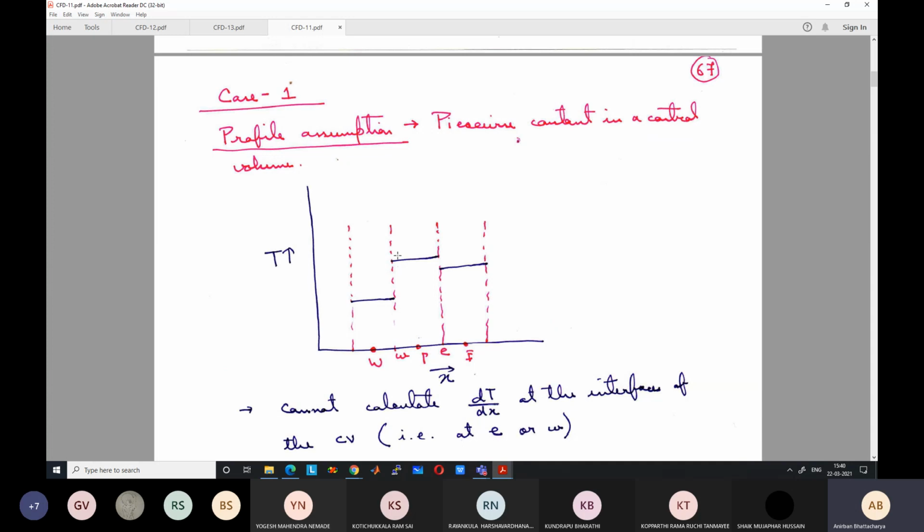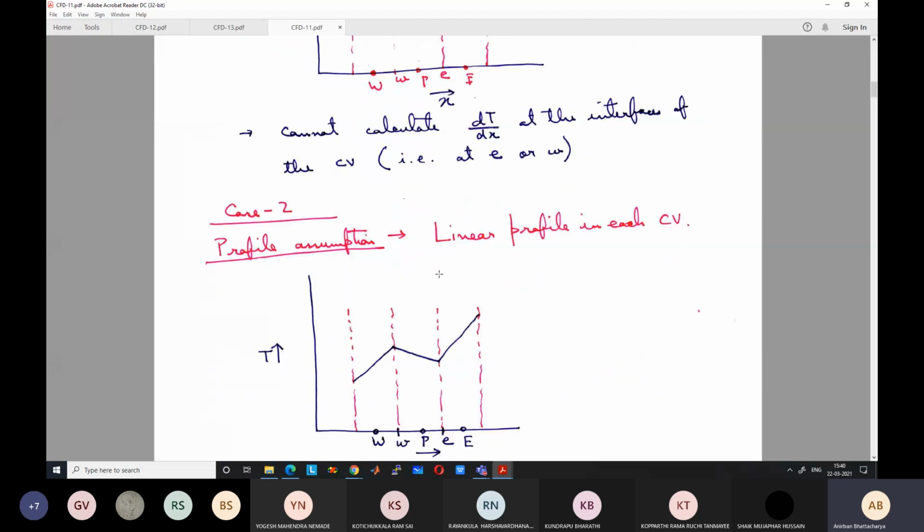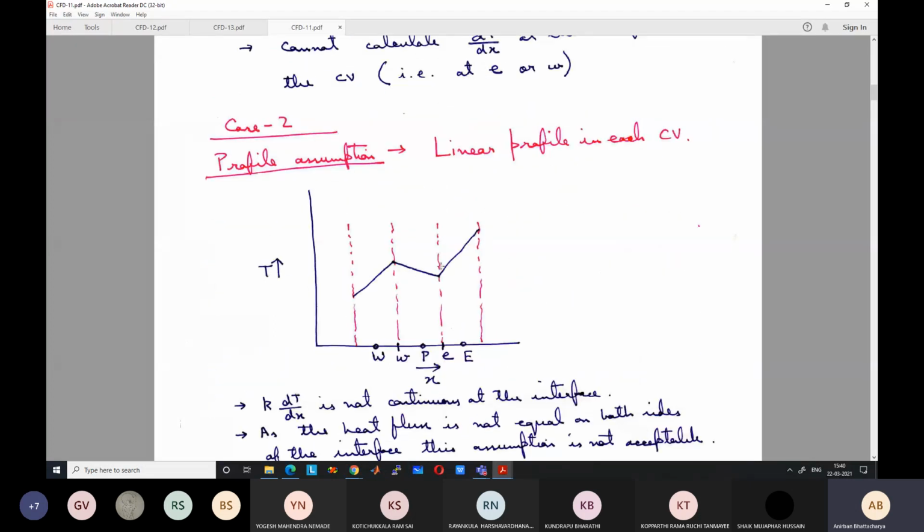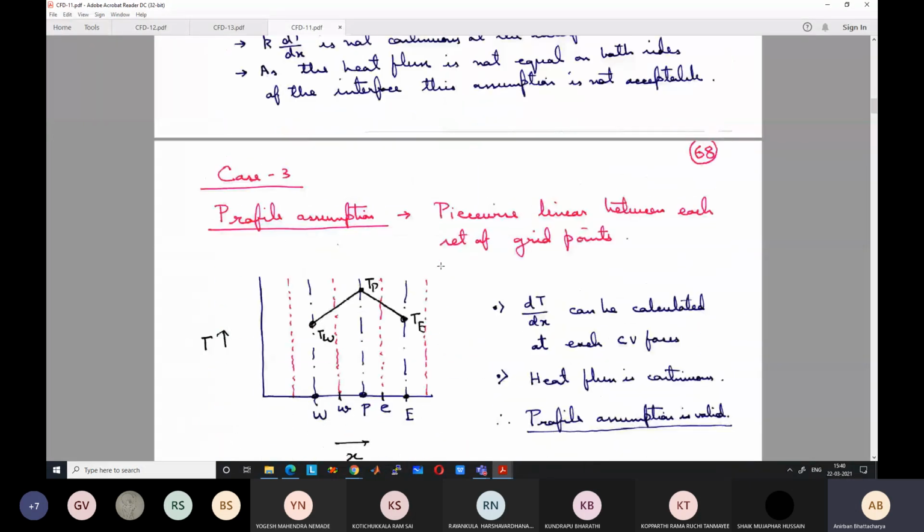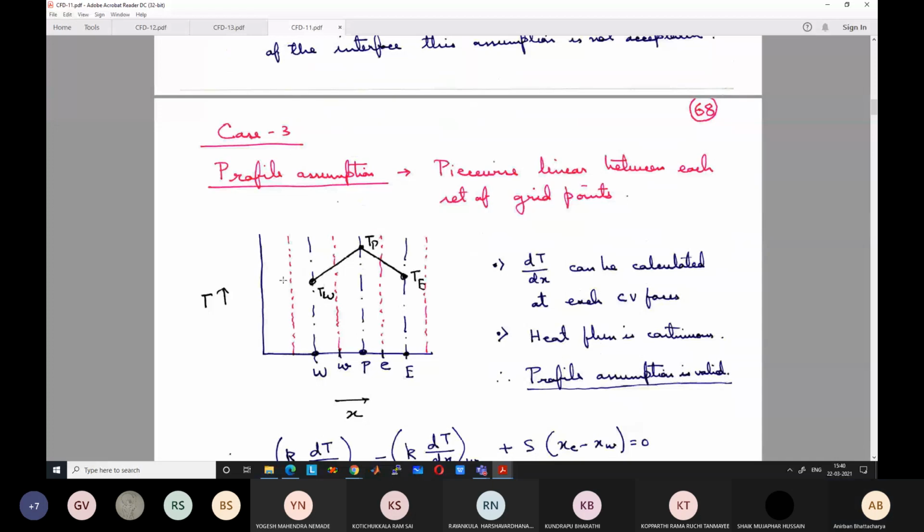For example, there was discontinuity of temperature at the interface, or discontinuity of flux at the interface. So finally, the assumption that worked for us was a linear profile between adjacent grid points. We assume that the temperature varies linearly from one grid point to the other.